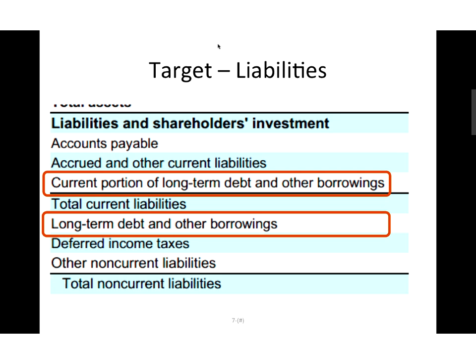So anytime you're looking at a financial statement for a company, know that the numbers are there, but if you dig in the pages following the financial statements, there's all kinds of good notes in there. And then the next two things I have circled are related to each other. The first says current portion of long-term debt, and the second is long-term debt and other borrowing. So Target has bonds, for example, that it's issued.